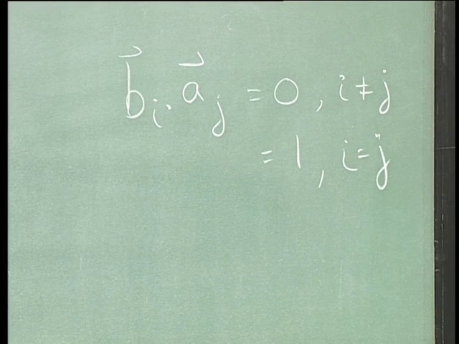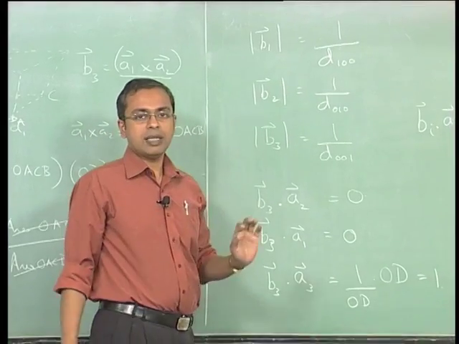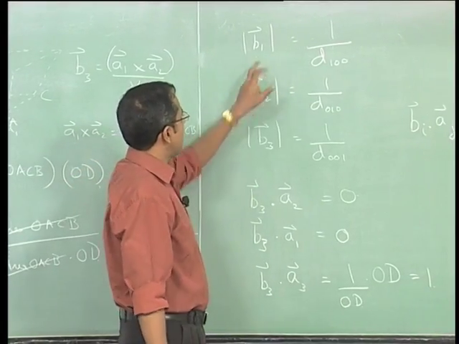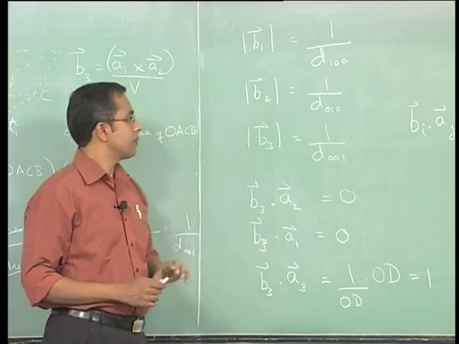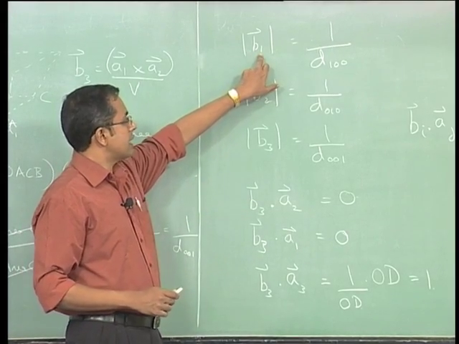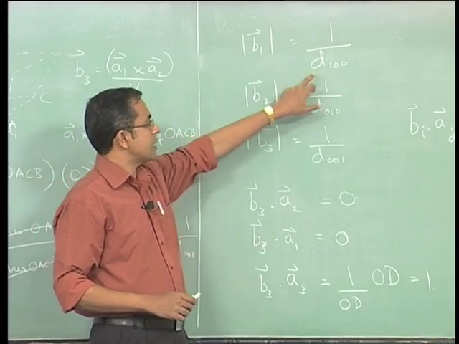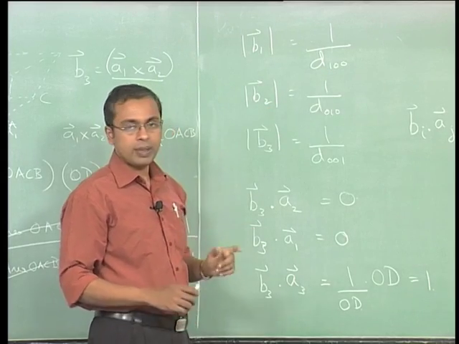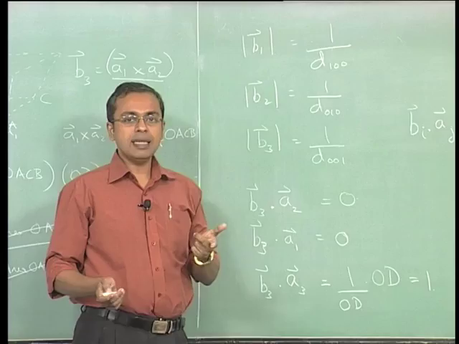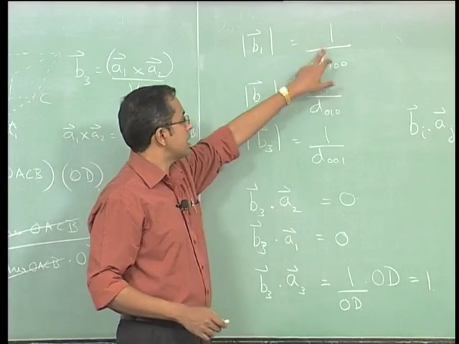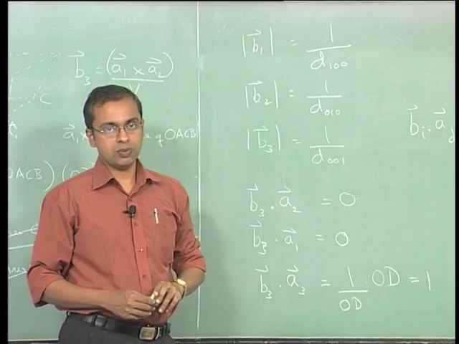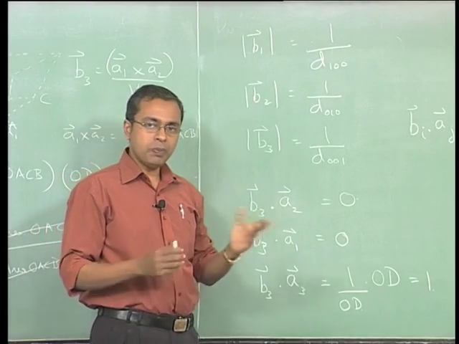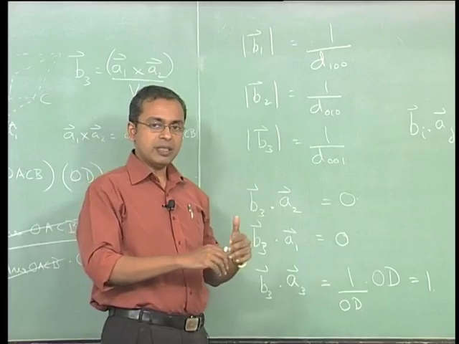Now we have already seen, in a specific case, that if you have a particular vector, so B1 in this case, the way we have defined it, it works out to be perpendicular to the two vectors A2 and A3, and in magnitude it is equal to 1 by the spacing D100, okay. In reciprocal lattice we can actually generalize this much more.